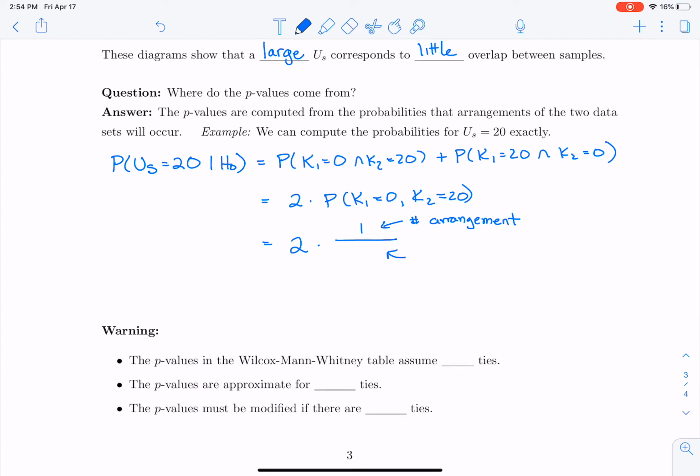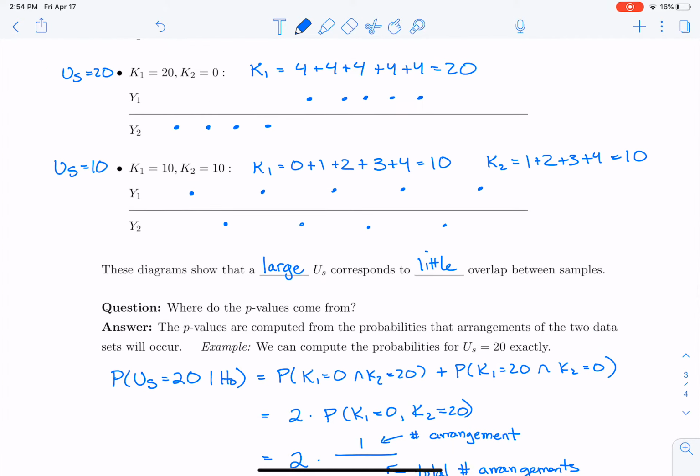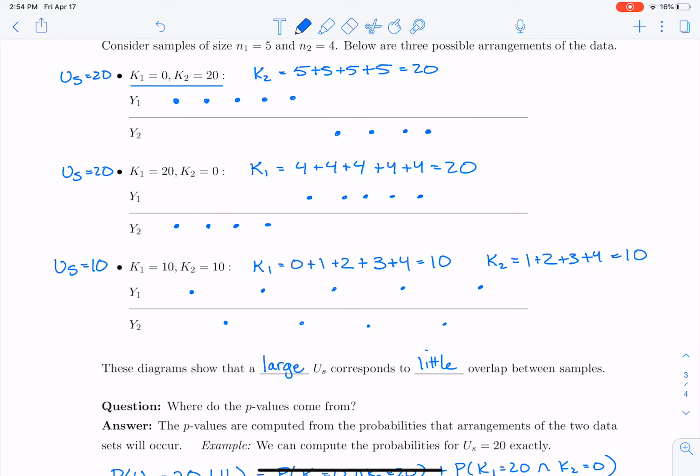But what is the total number of ways that I can arrange these data points? Let's think about that for a second. Let's go back to this diagram. Essentially, what I have is 9 different positions. So I have 1, 2, 3, 4, 5, 6, 7, 8, 9 different positions. And then what I have to do is decide what goes in those positions.